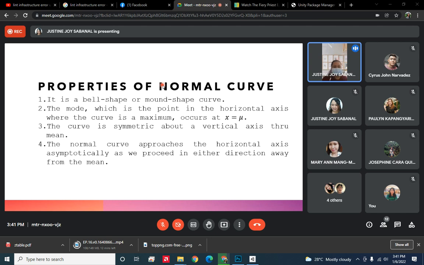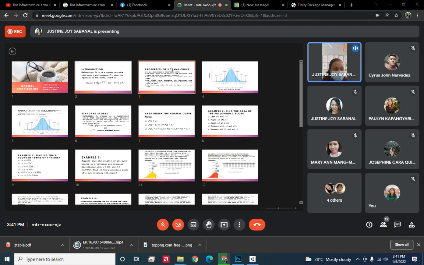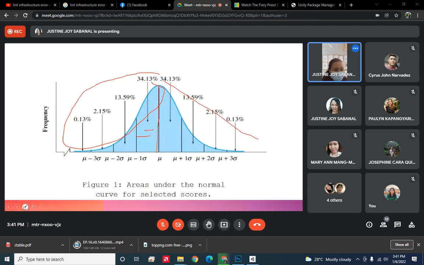So, number 4, the normal curve approaches the horizontal axis asymptotically as we proceed in either direction away from the mean. So, ang isang asymptotic characteristic ng normal curve, it tells you about the concept that this one.